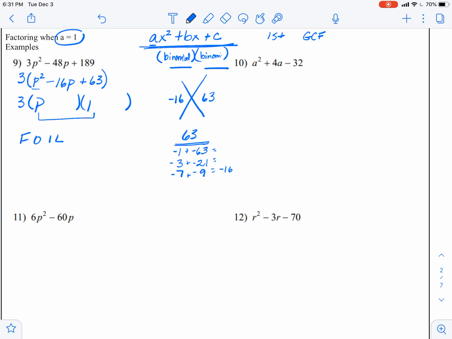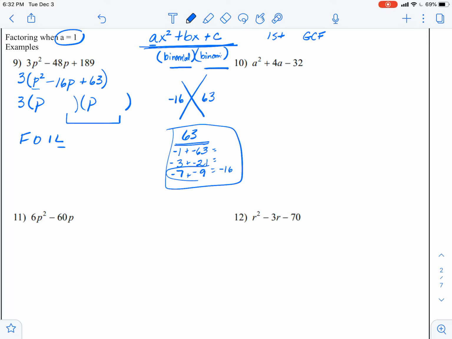Well, it's p and p. That's the easiest thing there is. Okay? When I do the last, again, the last is going to be these 2. And these 2 we said have to multiply and give me 63. Well, those are the factors over here. Okay? But I also need them to add and give me 16.